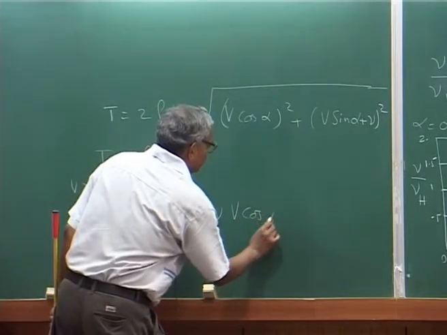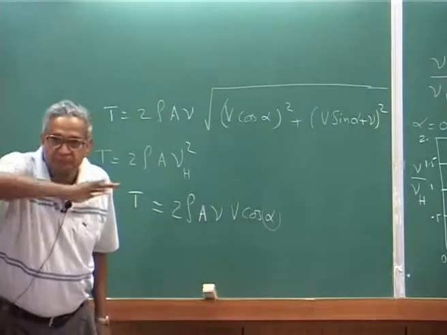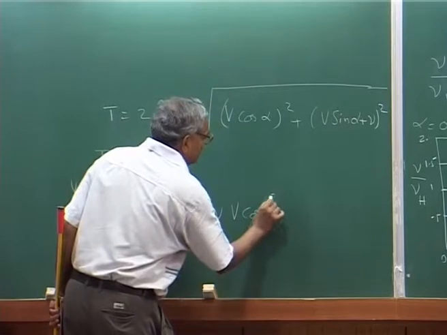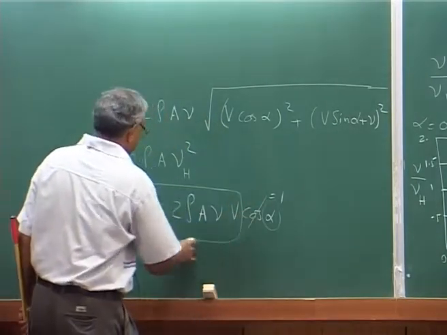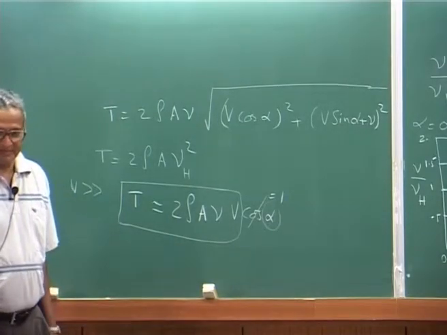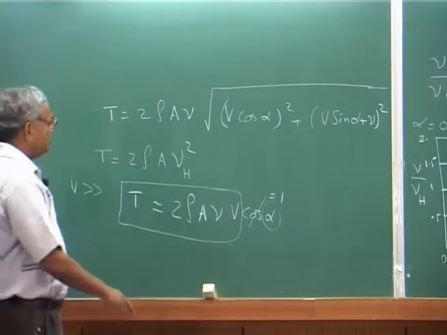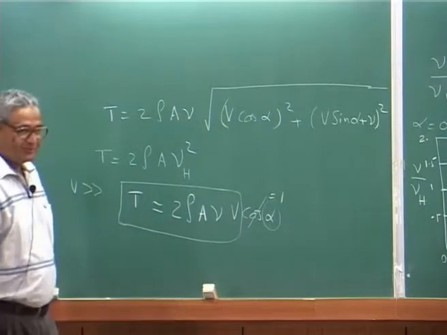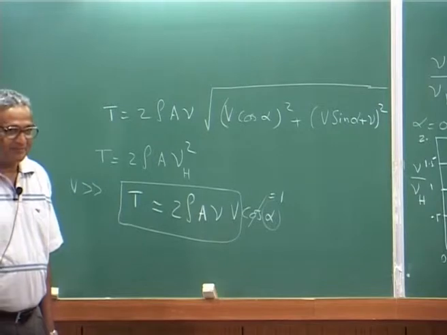But now when alpha is 0, that is the disc is flying horizontally, this term will become 1. So, my thrust is this expression. Now, you equate these two, because thrust is supporting the same weight of the helicopter.